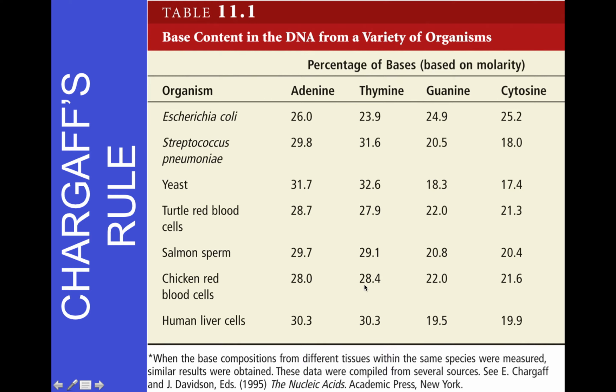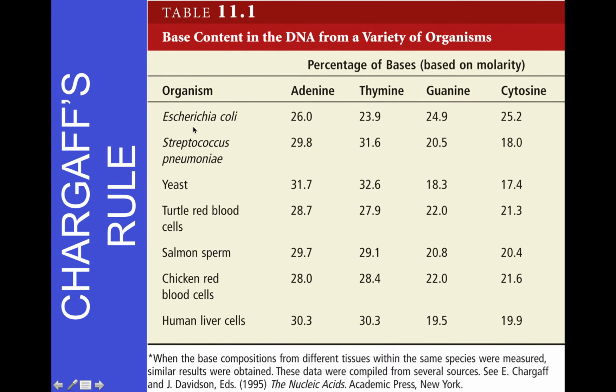Erwin Chargaff in 1950 published this table of data. He asked a very, very simple question that had a very profound answer. He asked how much adenine, thymine, guanine, and cytosine, the bases of DNA, were there in an organism.